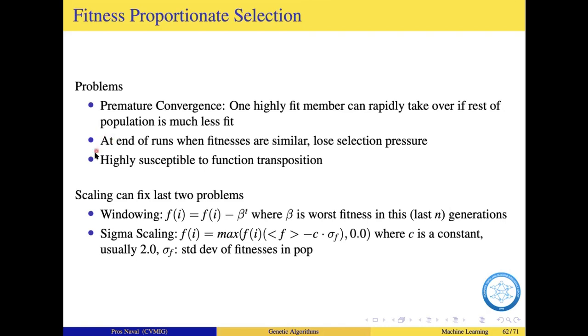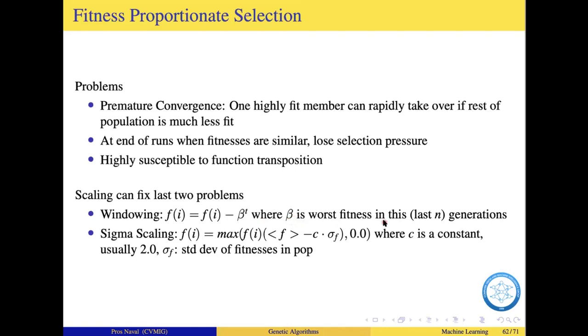So these two problems can be solved by scaling. One method is windowing, where the function is replaced by the function less beta raised to the t, where t is a parameter.